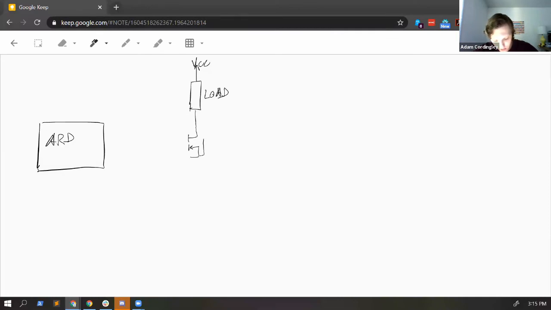And you can see we've made our circuit way simpler because we don't have to limit the current going into the gate because there is no current. There's no current required to keep the MOSFET on. So we can just connect this directly.